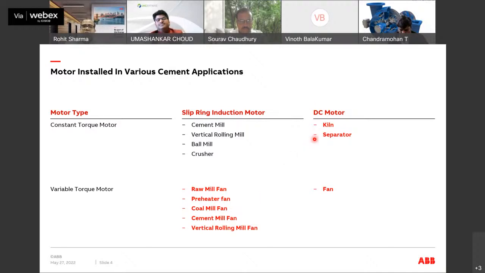Coming to the DC motor side, which is installed in cement plants having an age of more than 20 years, near around 20 to 30 years. These are the kiln applications, which are operating on the DC system in most of the cement plants. Also the dynamic separator fan and the pyro section fans like the cooler grate fan and the ESP fan, which comes after the clinkerization unit.